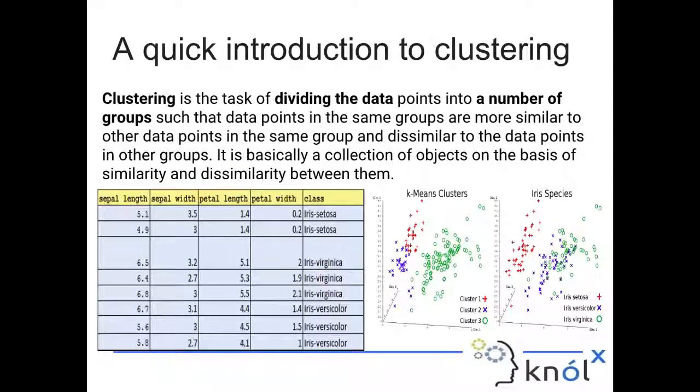Normally, whenever we have to do clustering, we have this kind of data. This is a normal data set for machine learning algorithms. We have 5 columns here. However, clustering is an unsupervised learning algorithm. When it is unsupervised, that simply means this column won't be there.